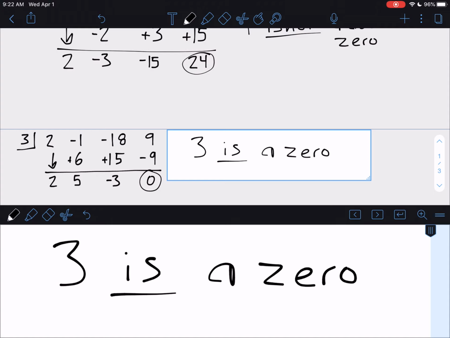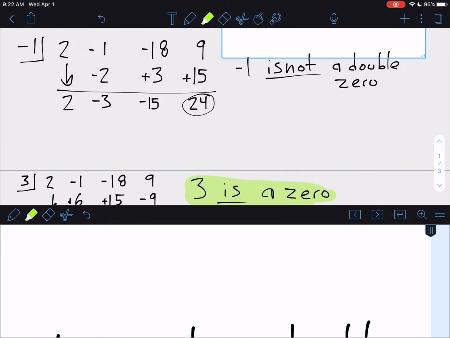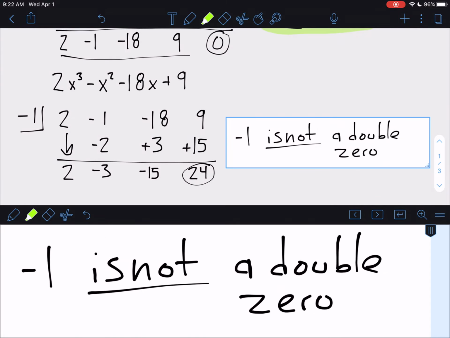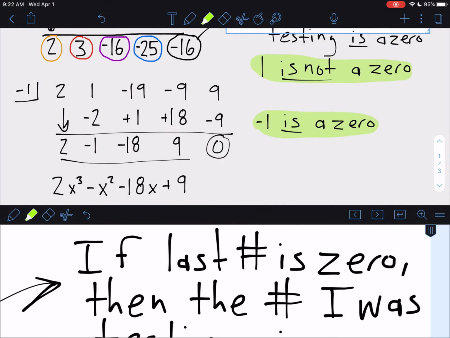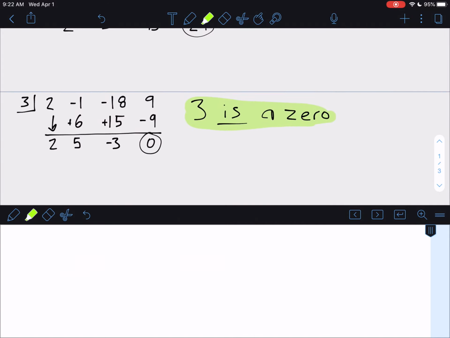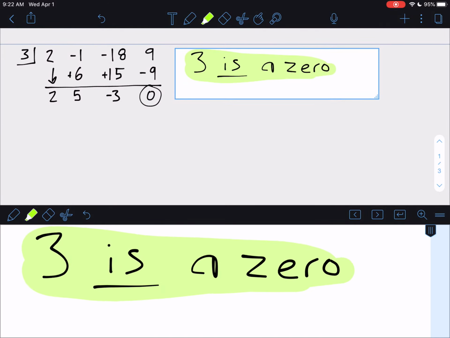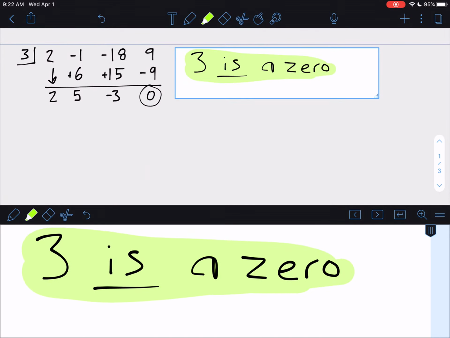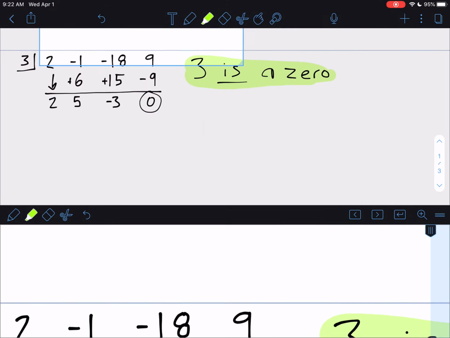And at the beginning we said we were looking for 4, and we found 2 of them. We found negative 1 and we found 3. There are 2 more. And I'll highlight this as well. So I figured out that 3 is a 0. I also figured out that negative 1 is a 0, and there are 2 more.